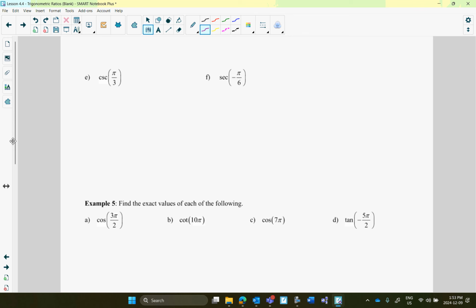I can't read cosecant on the unit circle. Can I? I can read cosine. I can read sine, like cosine's the x, sine's the y. I can calculate tan by doing the y divided by the x. How do I do this?